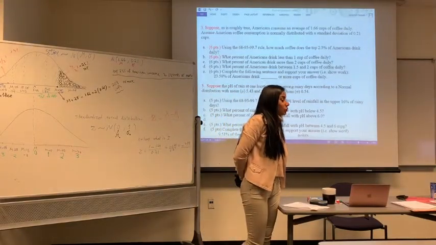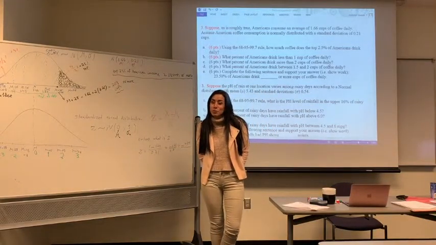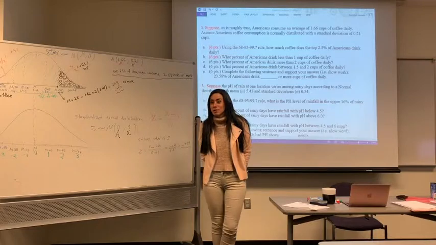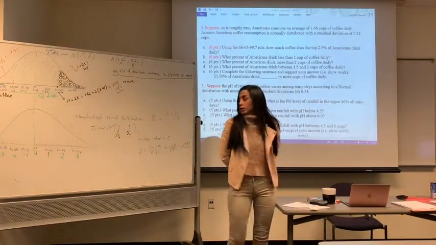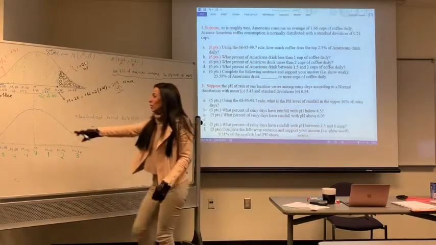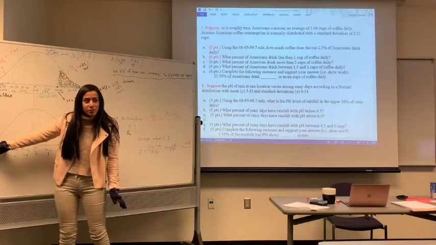But if I ask what % of Americans drink less than 1 cup of coffee, you will say 0.08% of Americans drink less than 1 cup of coffee a day. Obviously this is a small percentage. Obviously the area is so small, correct?